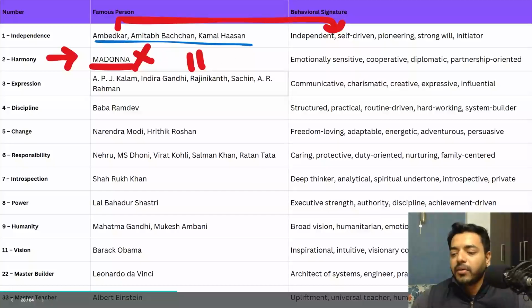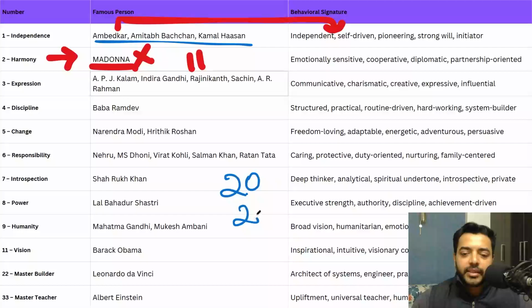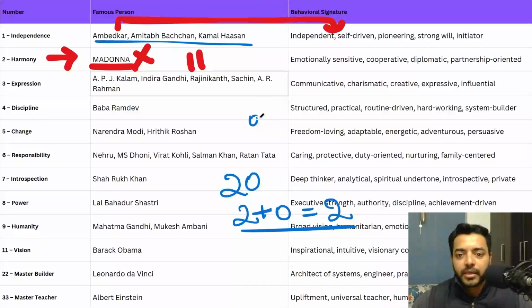if you see, a life path number 2 can only happen if the sum of all the digits is 20. Then you reduce 20 to 2 plus 0 is equal to 2, right? Now, if you reverse engineer 20, you need something like, let's say, 0101, and then you need 18 here.